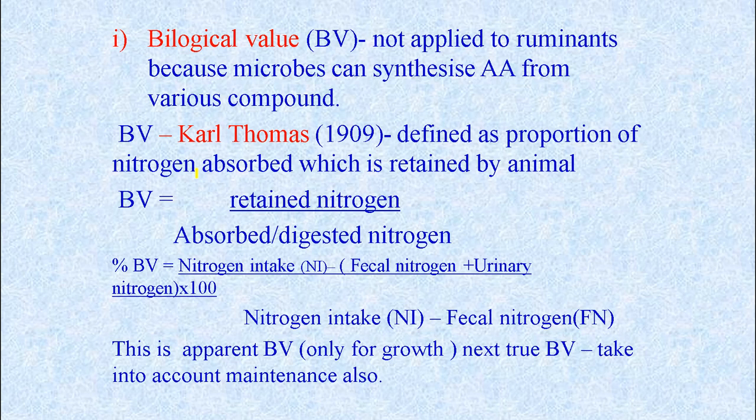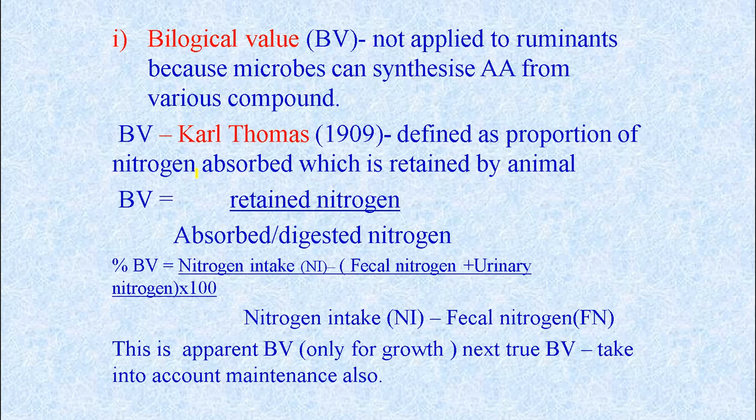So this biological value, or in brackets BV, is not applicable to the ruminants, because the microbes are always there for a very short span of time. Later they die, then are either digested by the ruminant or excreted through the urine.